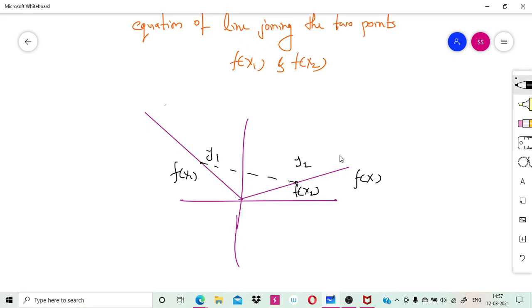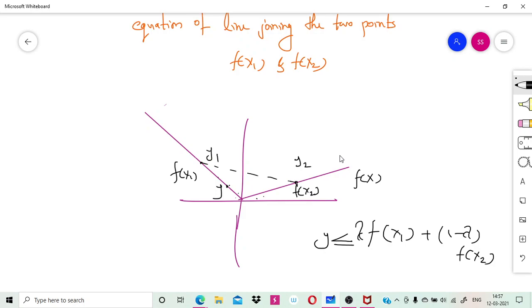If you take any arbitrary point on this f of x, let us say y, this y will always be less than or equal to the line segment, lambda f of x1 plus 1 minus lambda f of x2.